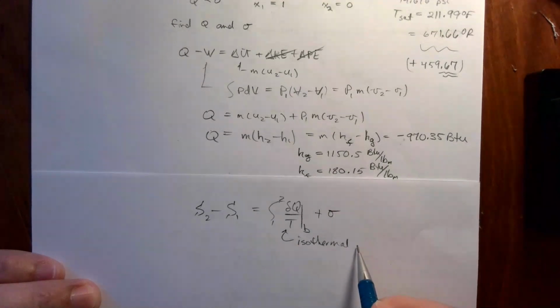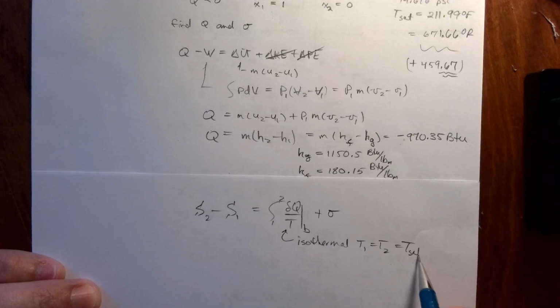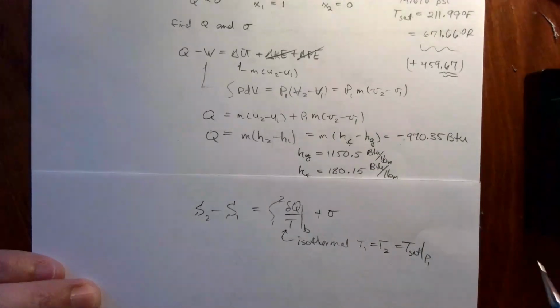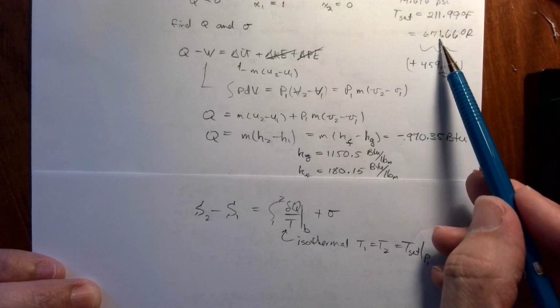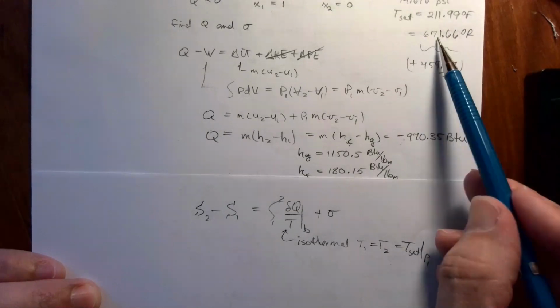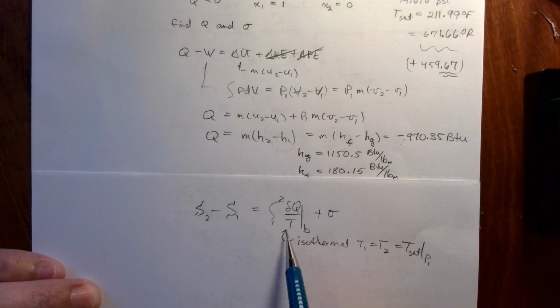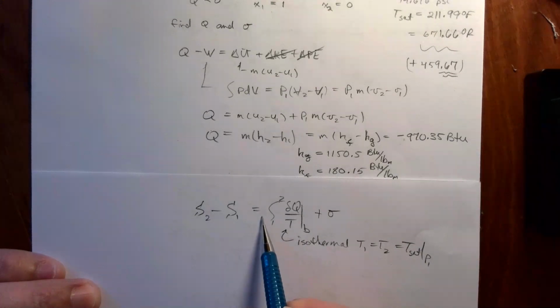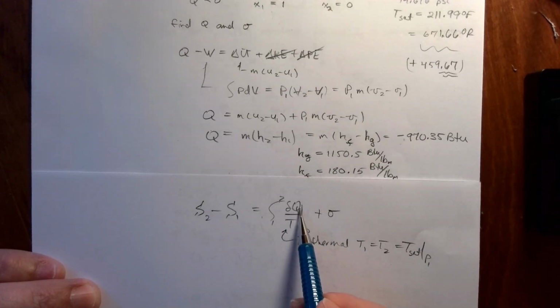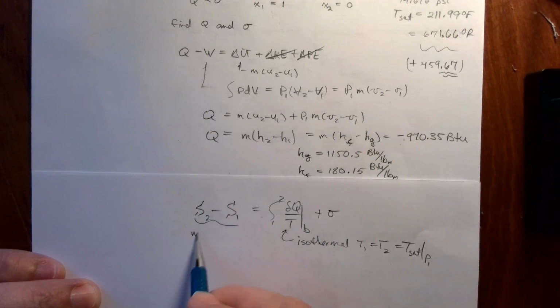T1 equals T2, that's T saturation at the pressure. So that's this, 671.66 degrees Rankine. If that's isothermal, then that can come outside, and if you integrate dQ, then you're left with Q. And that one is M(S2 minus S1). That's just the entropy change for the water.